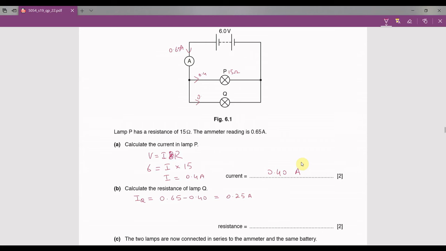Now we know 0.25 ampere of current is passing through Q, and the potential difference across it is also 6, same as P, because they are in parallel. So we know the potential difference and the current; all we need to do is calculate the resistance. Resistance is going to be 24 ohms. Don't forget the units.